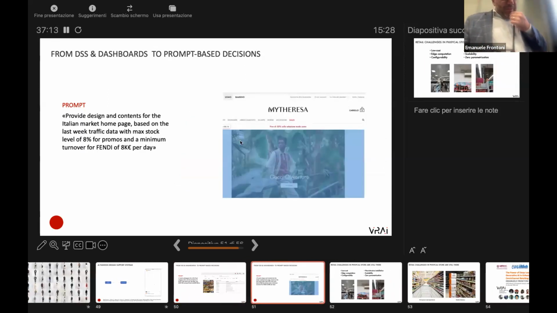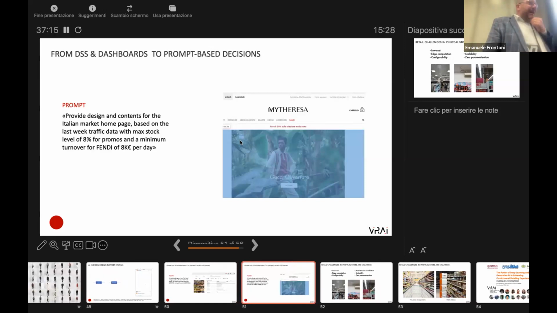And finally, if we go again back to my Teresa and to the example of the newsletter that I received with no production stock, I can ask, please provide a design and contents for the Italian market homepage based on last week's traffic data, with a max stock level of 8% for promos and a minimum turnover for Fendi of 8 key euros per day.